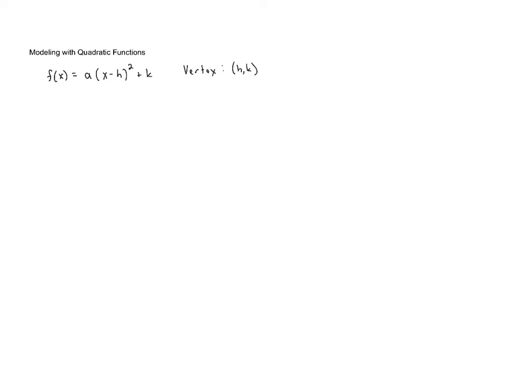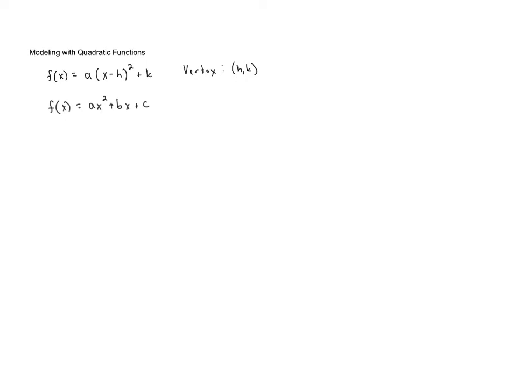So what I want to do is to develop another way for us to figure out where the vertex is going to be, specifically if we're dealing with a function in the form f of x equals ax squared plus bx plus c, and we might have coefficients that make completing the square challenging.